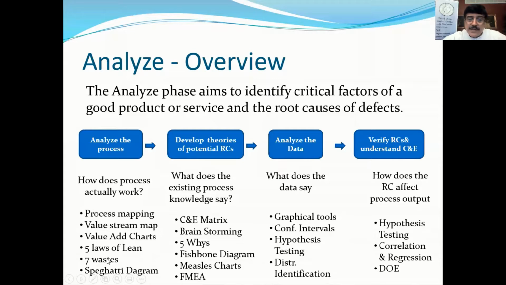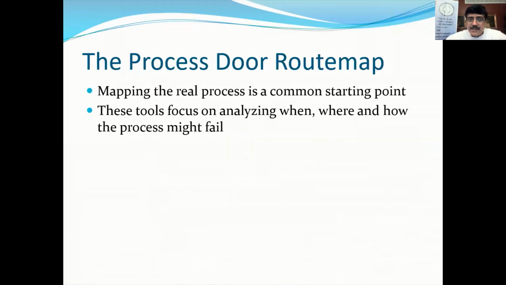We need to understand there are 7 wastes or 8 wastes. So basically we're just going to go through these tools, try to understand them, and complete each of them as applicable to our project. And this is what the analyze phase is.